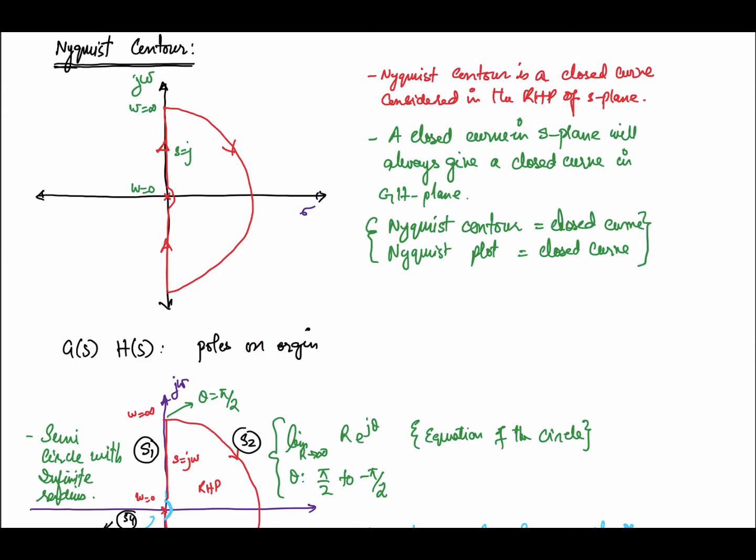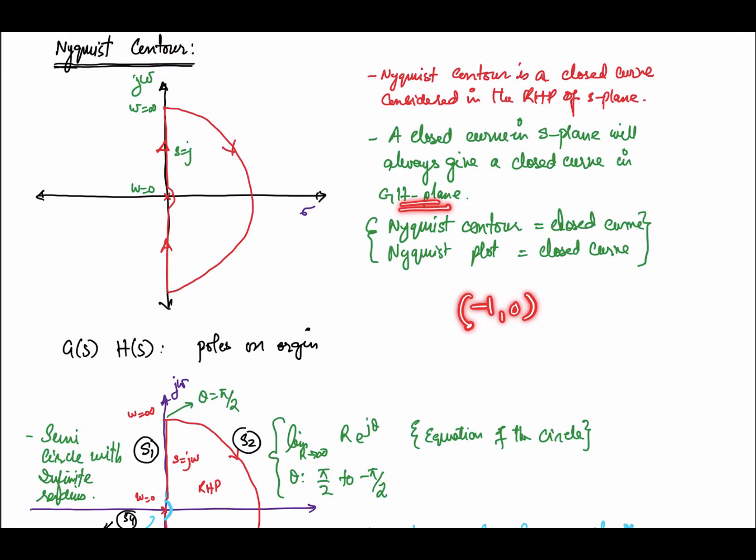And we have discussed that if the path in the GH plane encircles the -1 and 0 point in the clockwise direction, it means the zero of the characteristic equation is in the right half plane, and a zero of the characteristic equation means the pole of the closed loop system is in the right half plane.